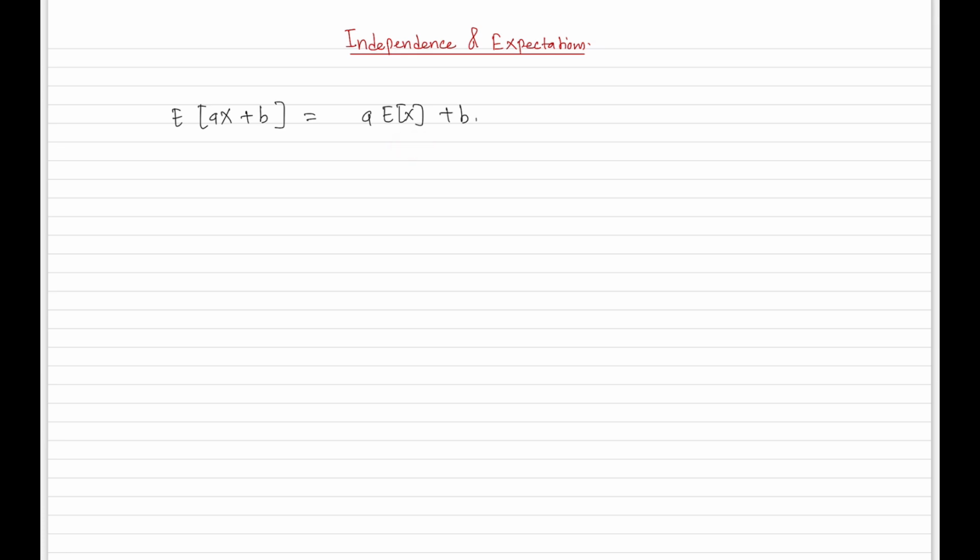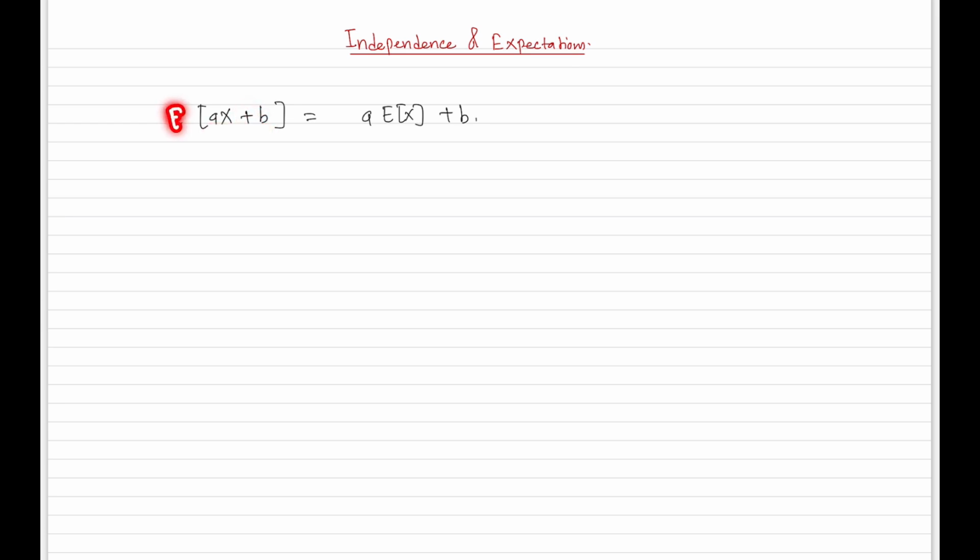If you observe here, in the linear function, this is the random variable. We are multiplying this random variable by a constant a and adding some constant b to this, right?